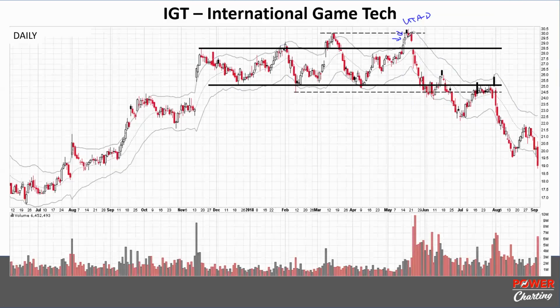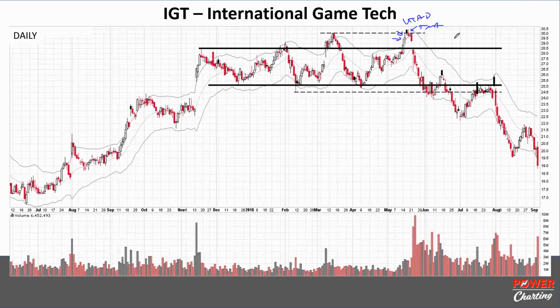And so that shows that there are sellers coming in during the course of the day and selling stock, putting it off its peak. And then there's a tight little range day at the top, and then a couple of days of testing. So there's an attempt to test the highs, and usually with an upthrust after distribution, you get some testing action.